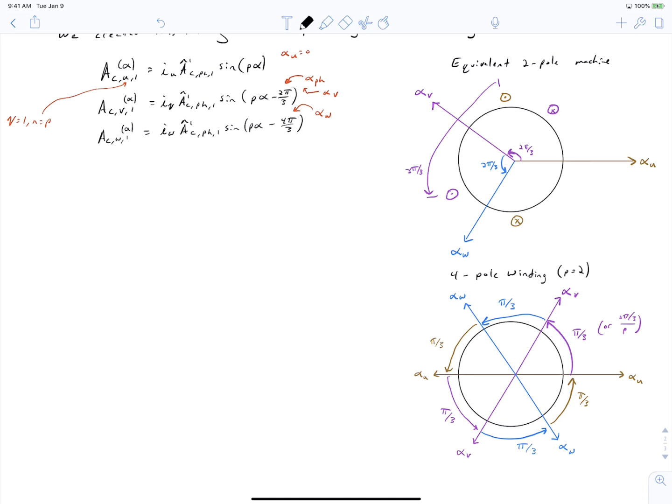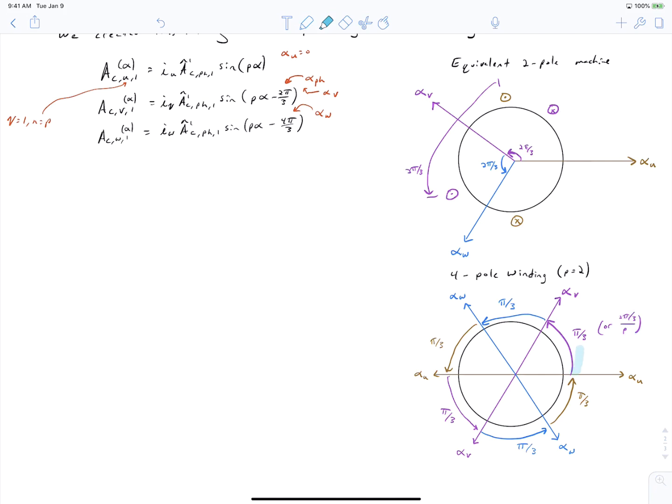So compared to the 2-pole machine, the 4-pole machine has all the phase windings located 1/2 the distance from each other. So instead of 2 pi by 3 radians, the phase offset between the phase windings is now pi by 3. And you can generalize this to a p-pole pair machine by saying that it's going to be 2 pi by 3 divided by p.